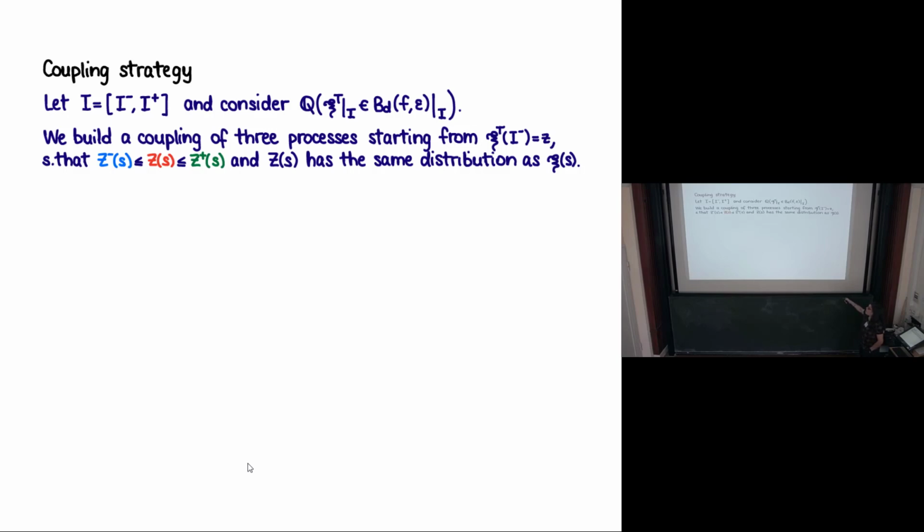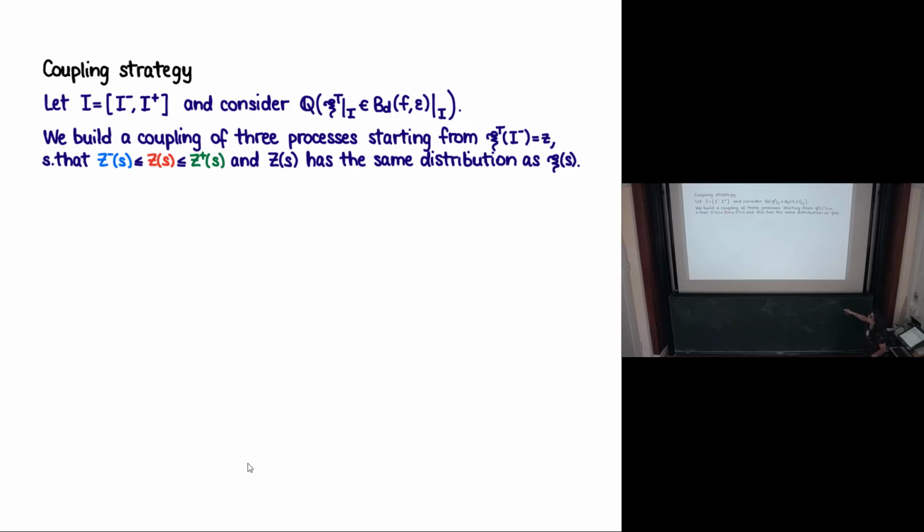And then the upper and lower bound we will have with two processes with constant rates will give you estimates on this original probability.